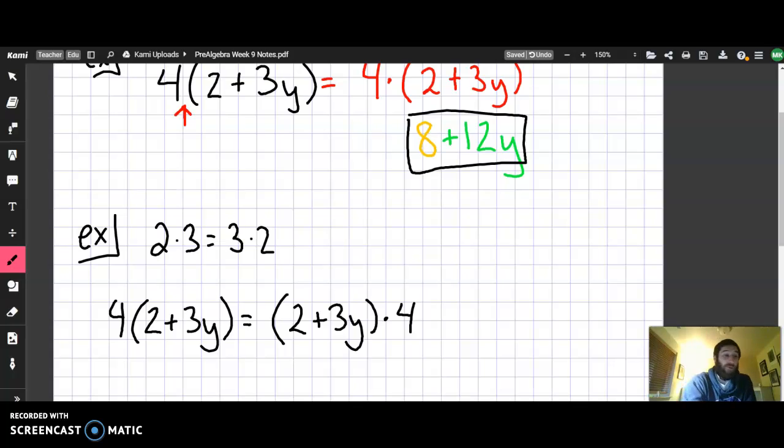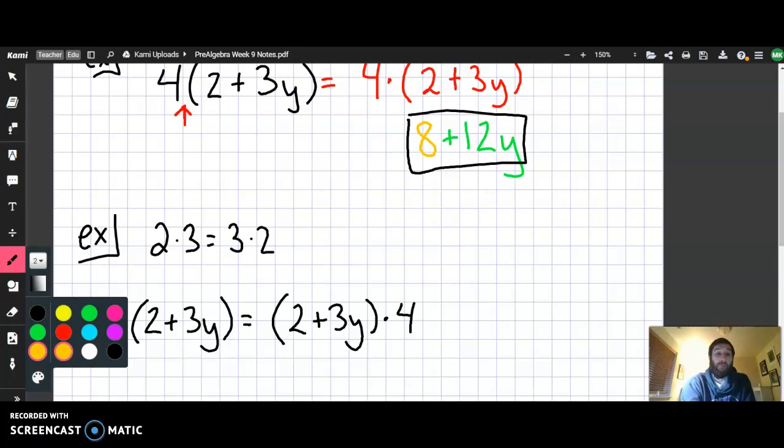And like I just said, we're multiplying that 4 with distribution like we did in the previous examples. So that 4 gets multiplied by the 2, just like in the previous example, and the 4 gets multiplied by the 3y, like in the previous example. Everything operates the exact same. The 4 is just on the back rather than on the front.